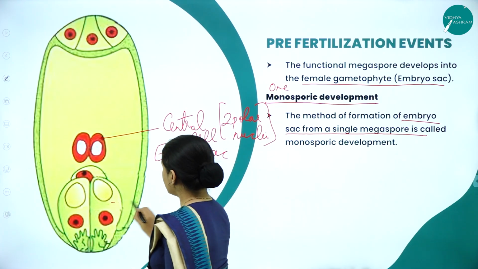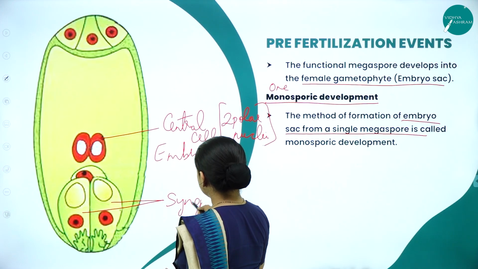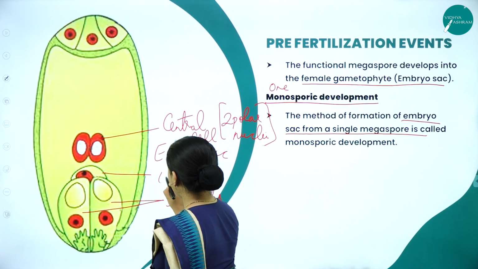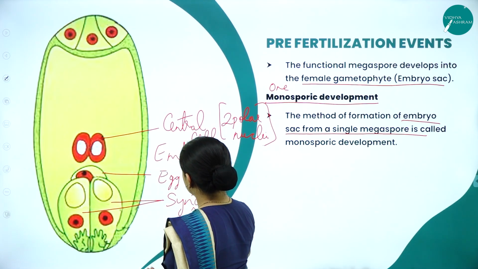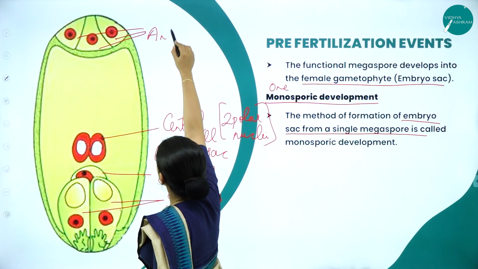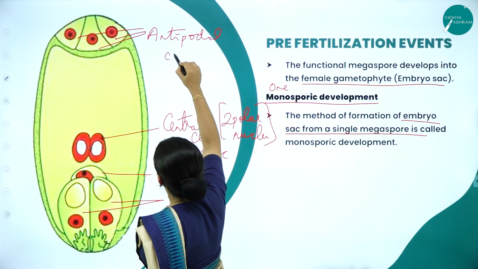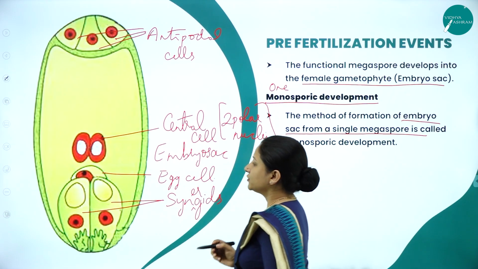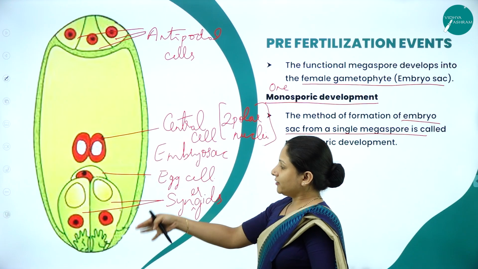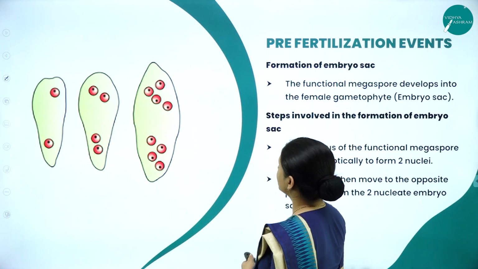There are two synergids at the micropylar end and one egg cell, and here three antipodal cells will be present. So this is the structure. I labeled it again because it is very important for the fertilization in the next session.